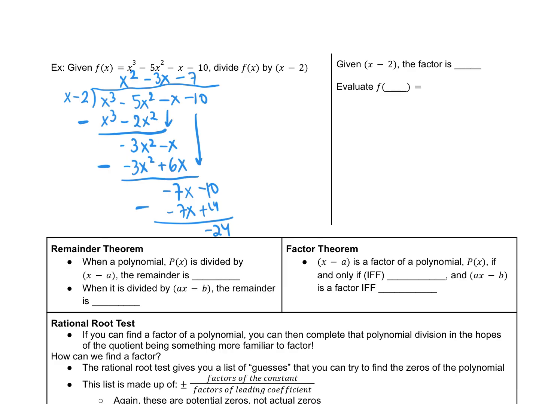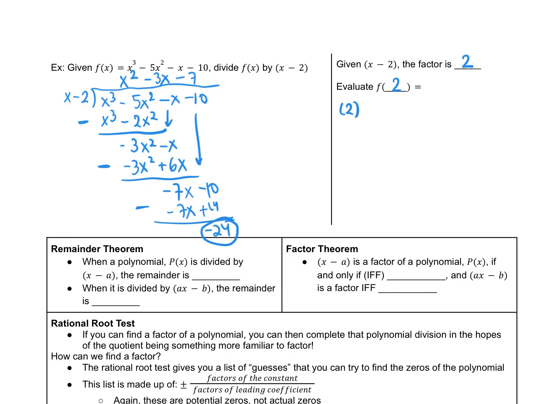Now what I want us to look at is specifically this remainder. If you're given the bracket x minus 2, which is our divisor, the factor is 2. It's like you're trying to solve for your x-intercept in a bracket. That's your factor. Now, let's evaluate f at 2. So if I plug in the factor into my function, what do I get?